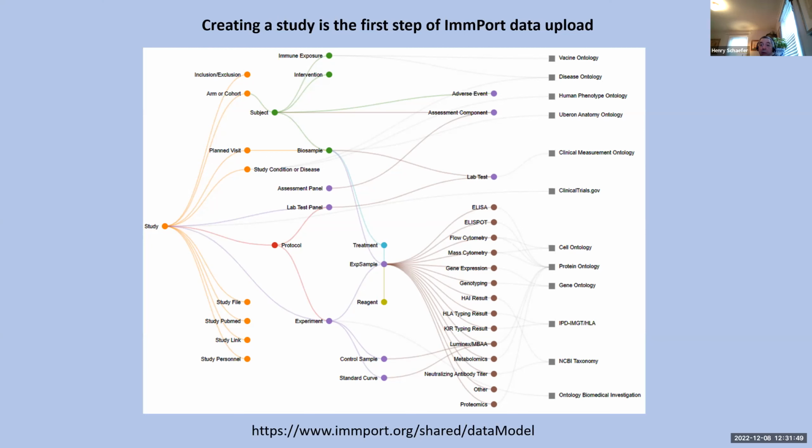In order to upload data into ImmPort, the first step, after you get your workspace, is to create a study, and a study requires the data elements that you see here in the orange and the red. And then what you see in the rest of our data model diagram is the other data elements that we collect in ImmPort. You can see we have a number of data specific templates for upload based on popular immunology assays.